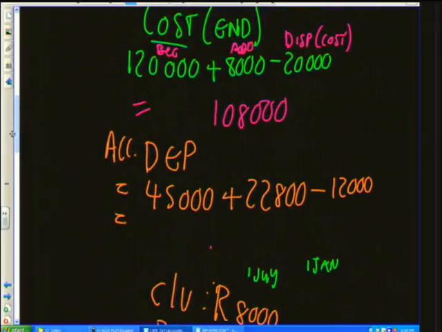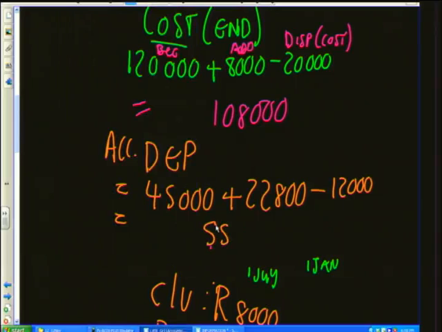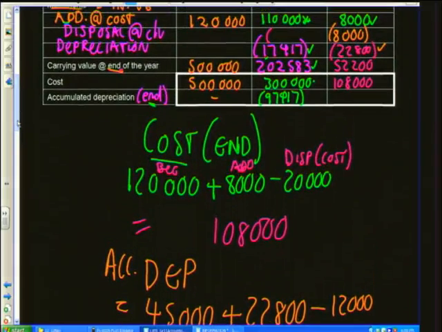Right, and that now gives me my accumulated depreciation at the end of the year. So 45,000 plus 22,800 minus the 12,000 gives us an amount of 55,800, and this is the amount that we're taking to our note.